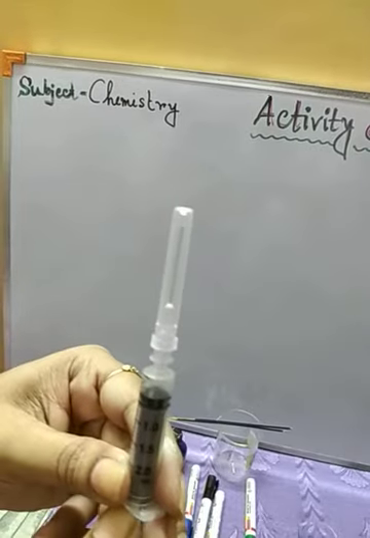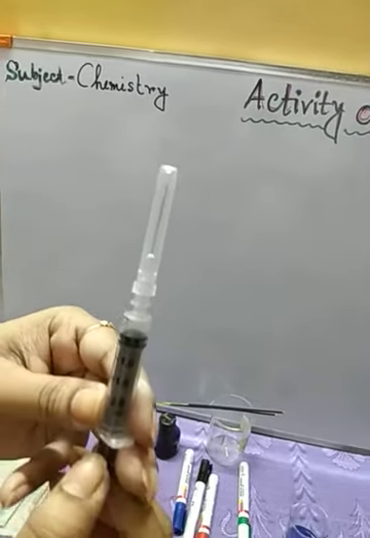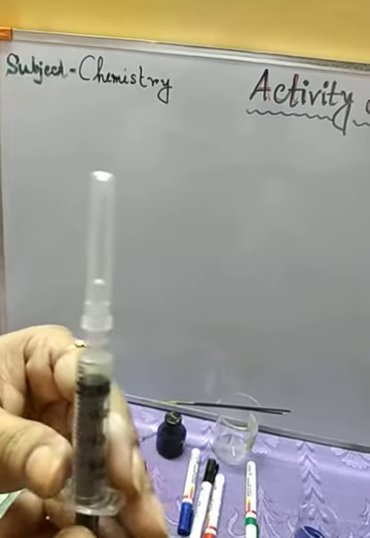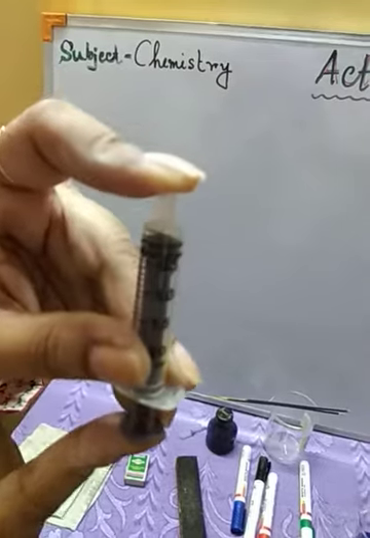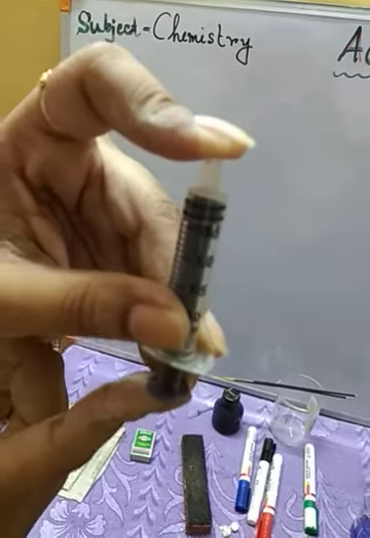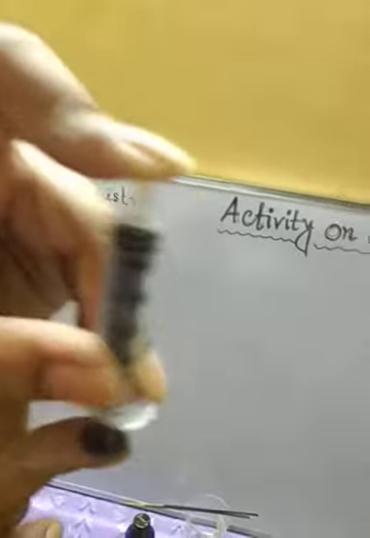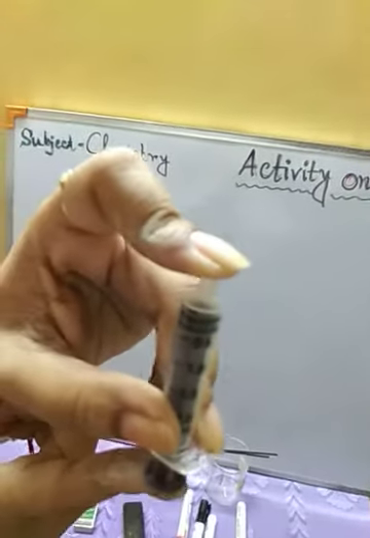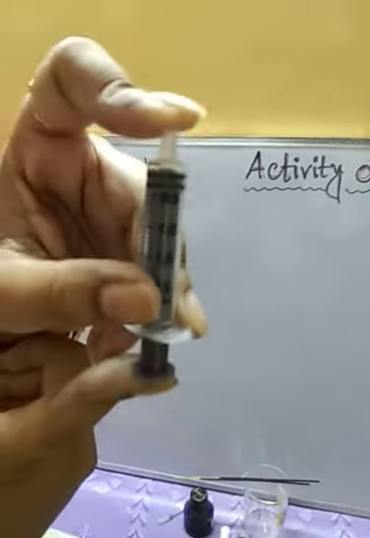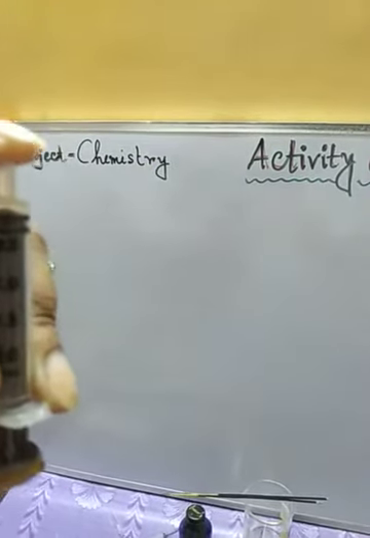As there is a lot of gap between the particles of gases, the intermolecular space is large. I am pressing the piston, but after a certain limit, see, up to this I could have pressed it, which is much more than that of solid and liquid.